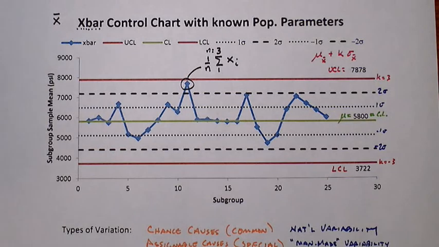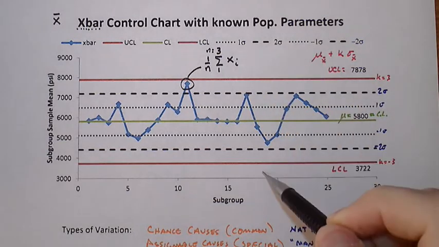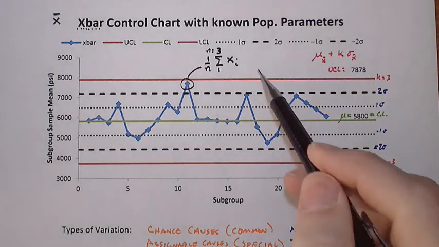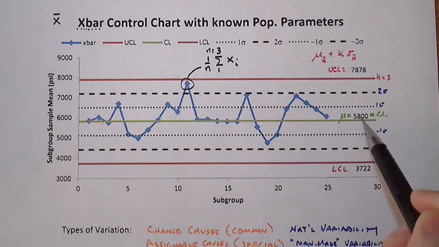For instance, we've already mentioned one of them. That is, if one point plots outside of the 3 sigma bounds or control limits, then our process is statistically out of control. By the way, what some people will do sometimes is that if you do have some out there when they process the data, they'll say, hey, those are out of control. I don't want those to heavily influence my average.